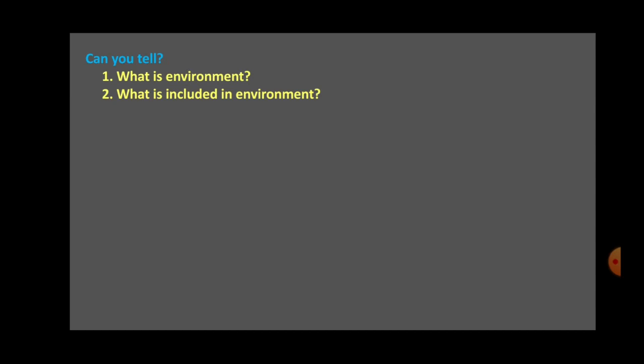That simply means environment. Now, what all is included in environment? It includes physical, chemical, and all other natural factors which surround the living organism. Physical and chemical factors such as air, land, water, soil, these are your physical factors. So, what are the chemical factors?